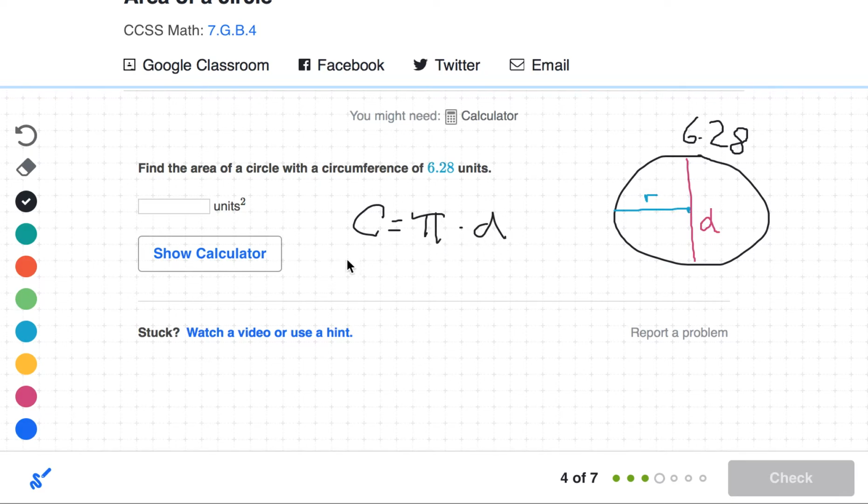Well, we know that the circumference here is 6.28, so let's plug that in for C. We know that pi is 3.14, so we can work backwards to find diameter by dividing 6.28 divided by 3.14.